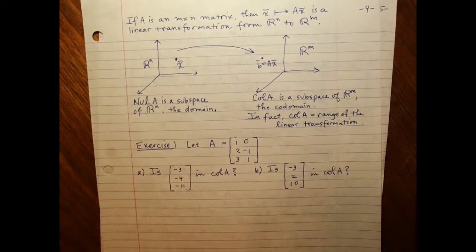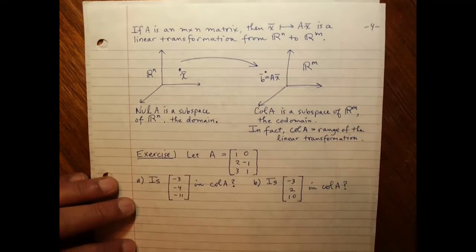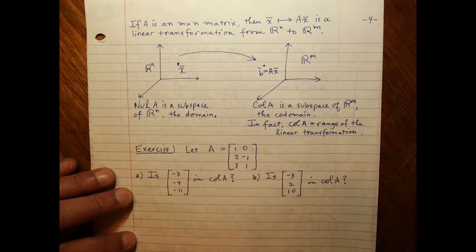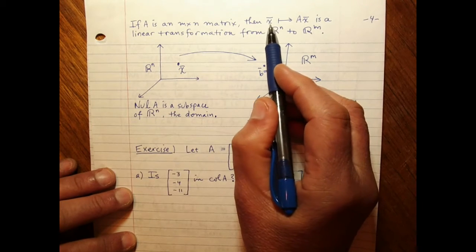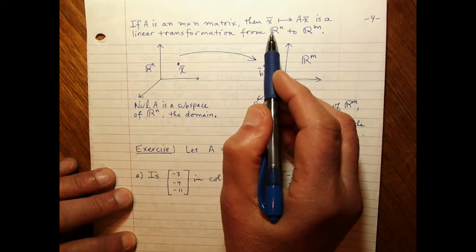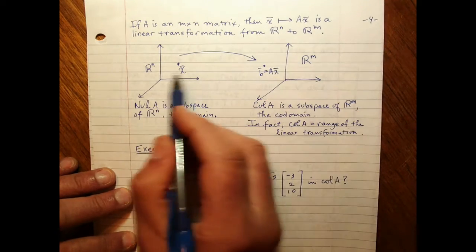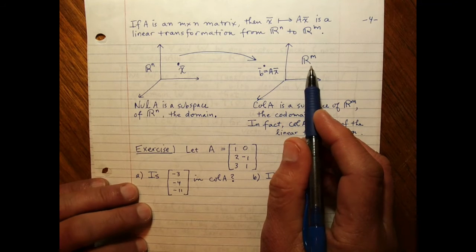And here's just some pictures to help us keep our feet on the ground with all these subspaces and dimensions that we're talking about. So back to A being m by n. Think of the assignment x to Ax as a linear transformation from R^n, the domain space, to R^m, the codomain space.